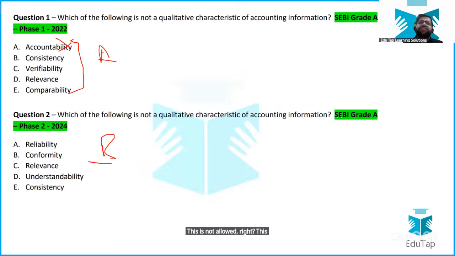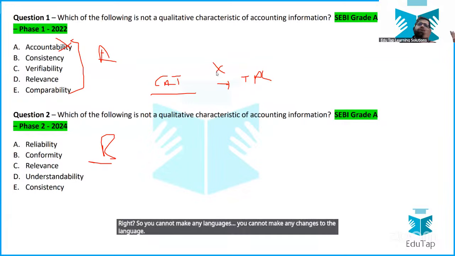This is the language, and you cannot manipulate the language. For example, if I spell cat, it stands for C-A-T. Why does it stand for this and not for TAC? You cannot make any changes to the language. This is already written.